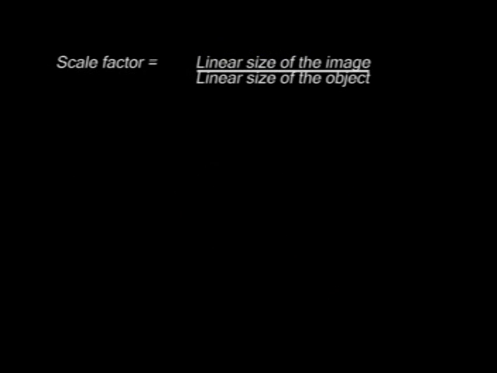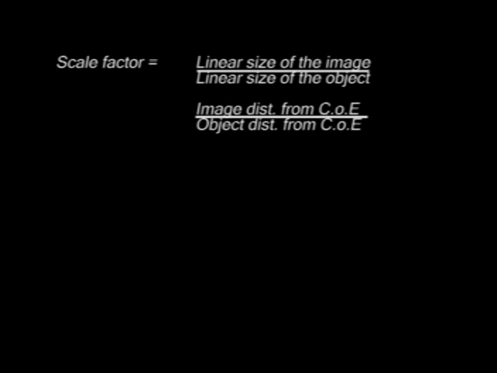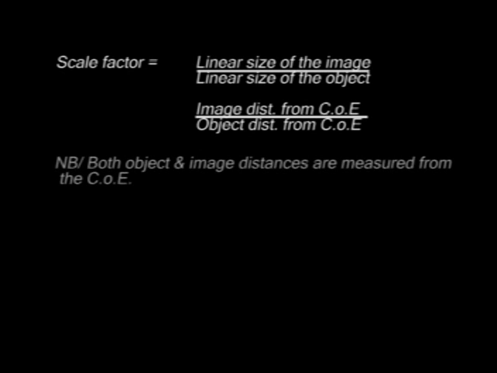The scale factor is given by linear size of the image over the linear size of the object, or image distance from the center of enlargement over object distance from the center of enlargement. Notice that both object and image distances are measured from the center of enlargement. Now a common mistake by students is to measure the image distance from the object. It is wrong.